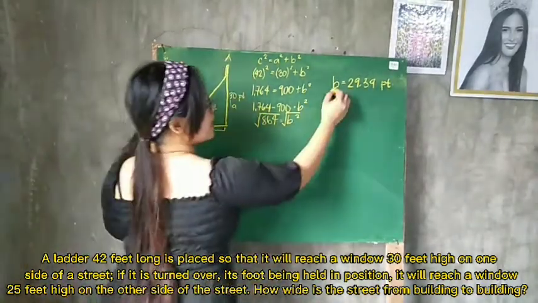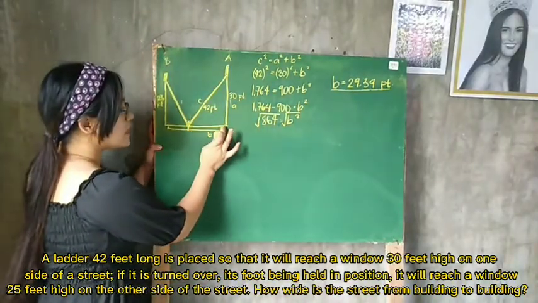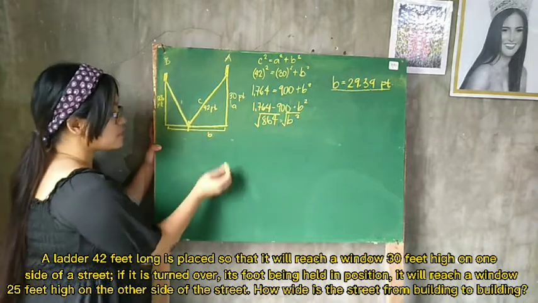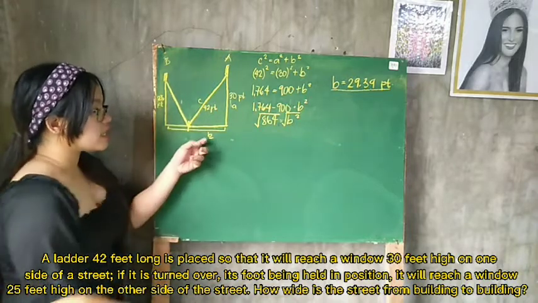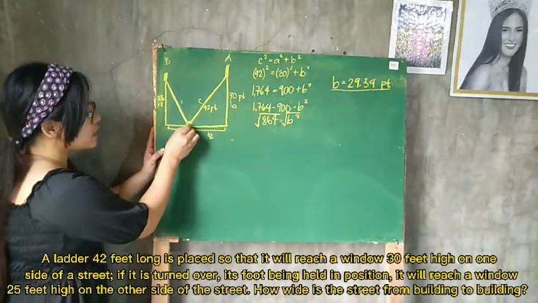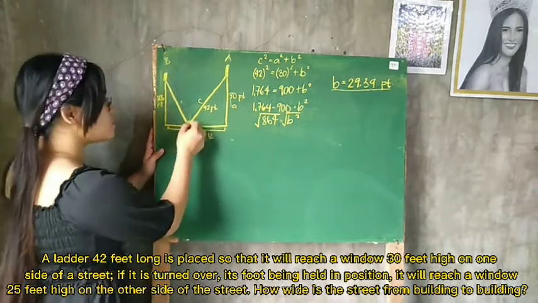So this is the distance between the foot of the ladder and building A. We have here 29.39 feet.